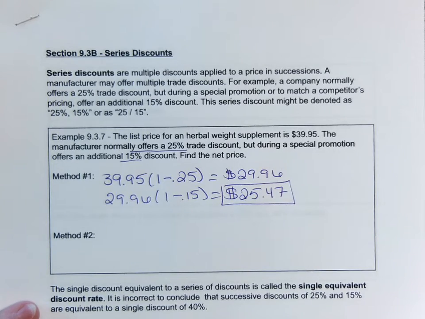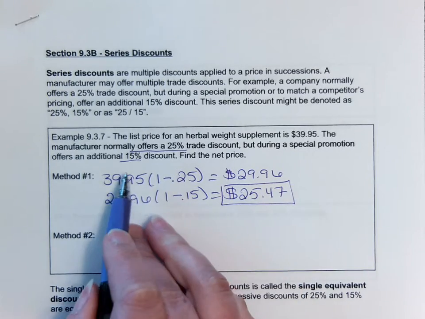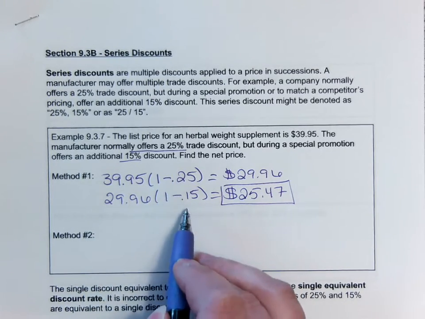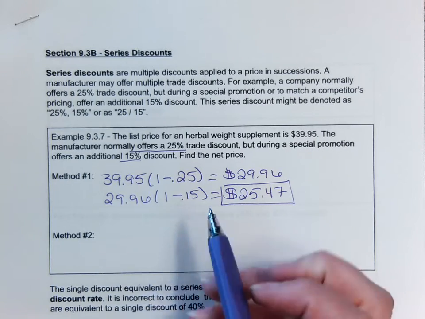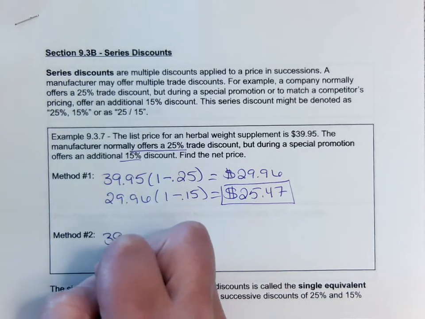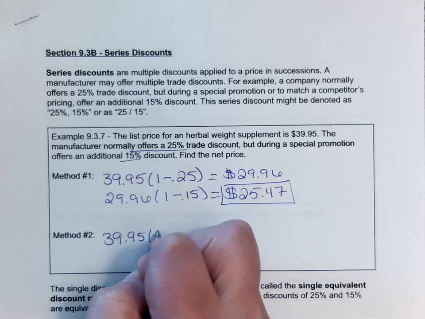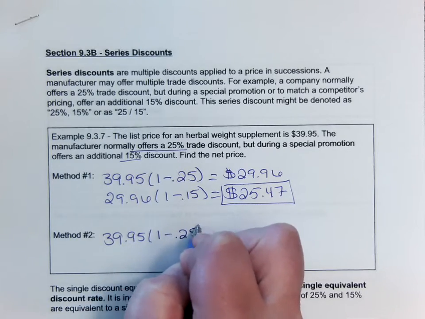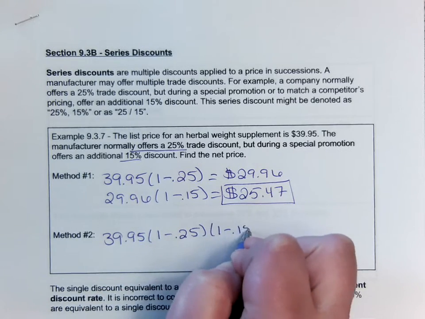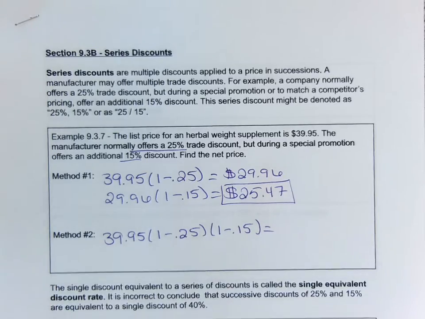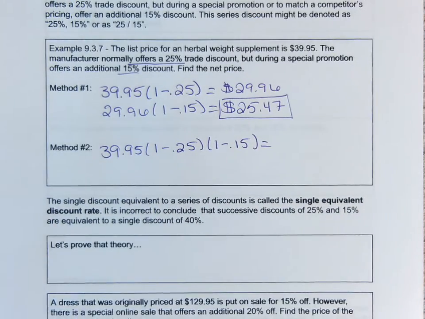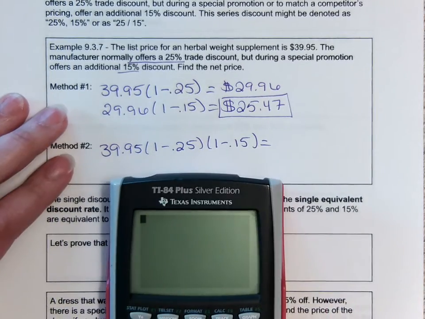The second method is, since we're multiplying here and then multiplying a second time, we can just multiply all at once. We can do $39.95 times 1 minus 0.25 times 1 minus 0.15. Straight into the calculator. So I'm going to show you what that looks like. All right.